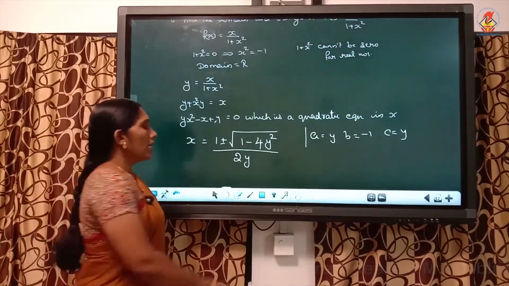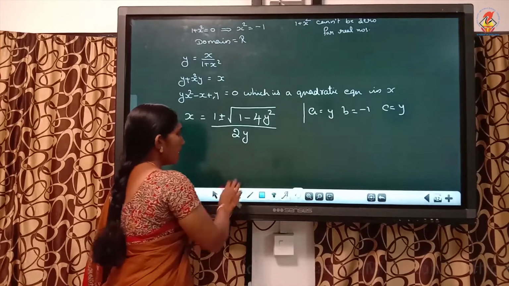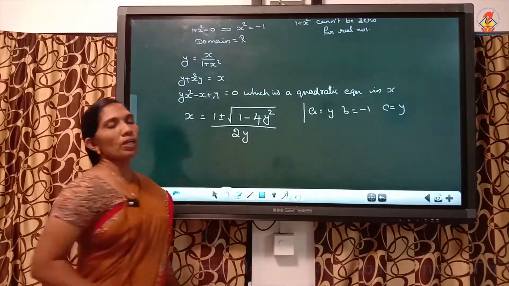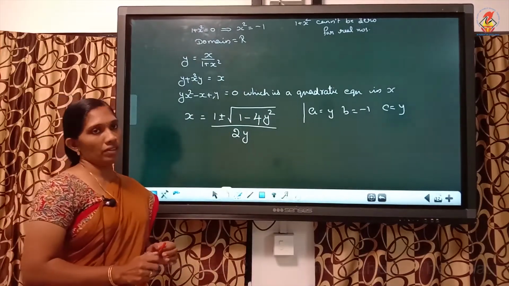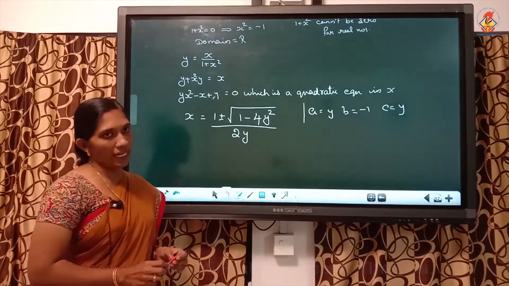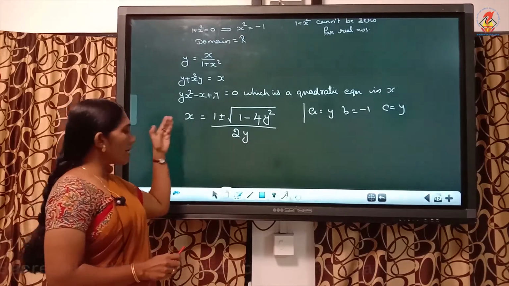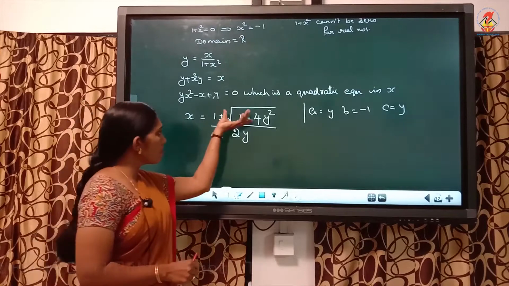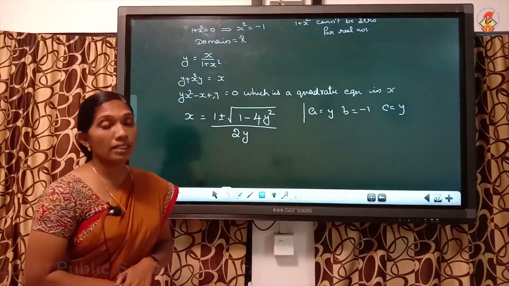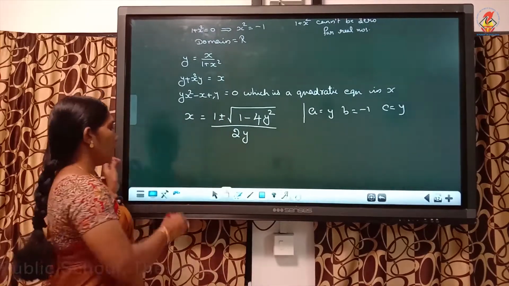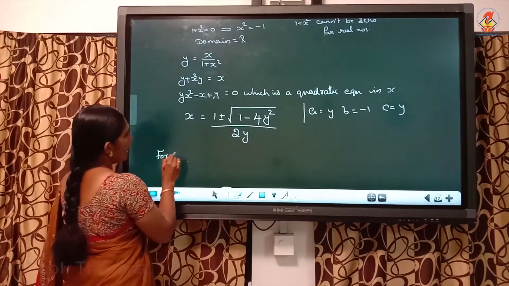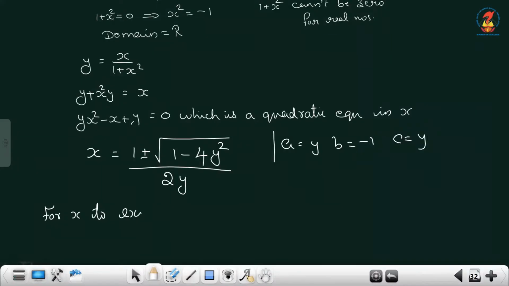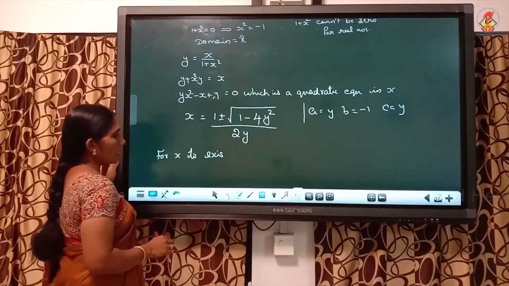Then you have studied last year, if b square minus 4ac is negative, then roots are imaginary. So for this x to exist, this b square minus 4ac must be greater than or equal to 0, otherwise this equation won't give roots. There are no roots, it is imaginary only.